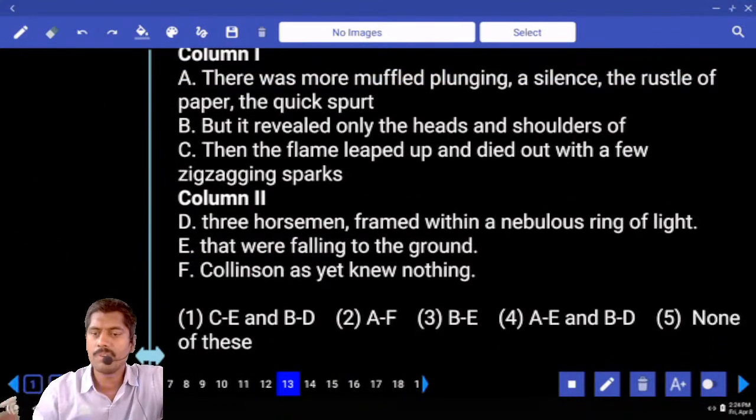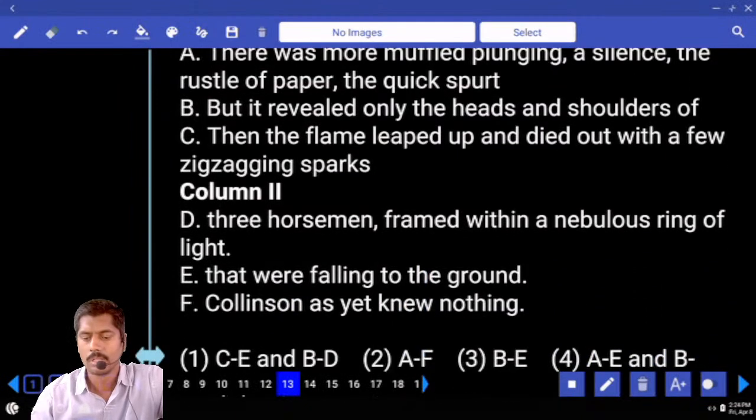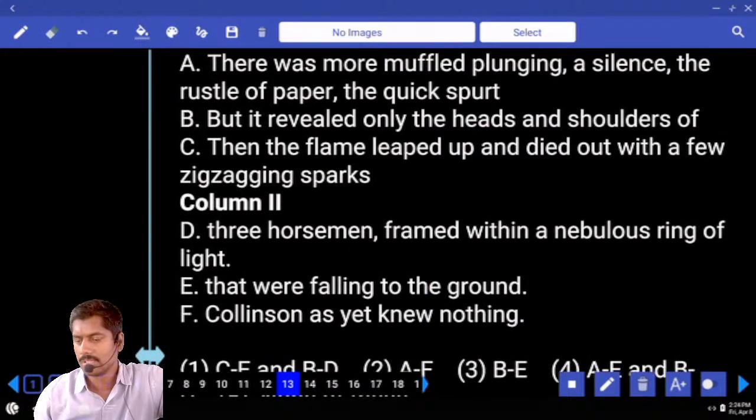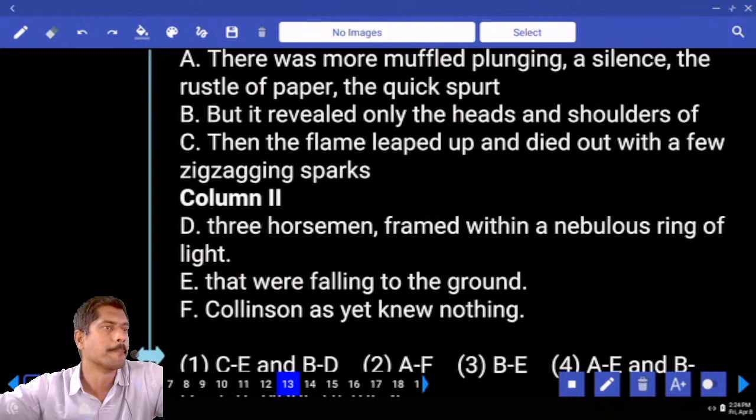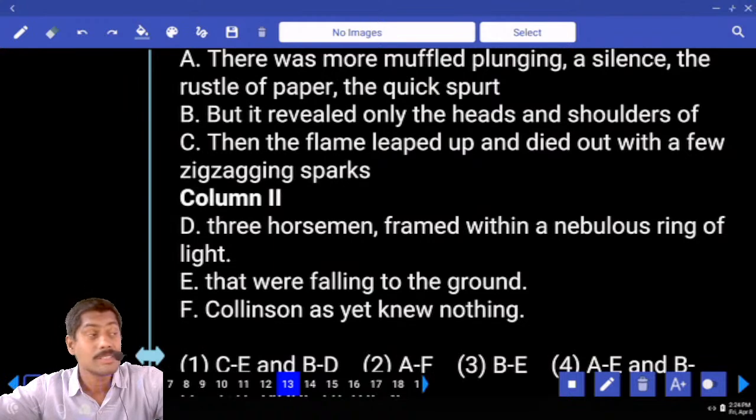There was more muffled plunging. Muffled means very low sound, muffle. In target means we got this, right? Muffle, silent or low talking. There was a muffle plunging. Plunging means falling down. A silence, the rustle of a paper.